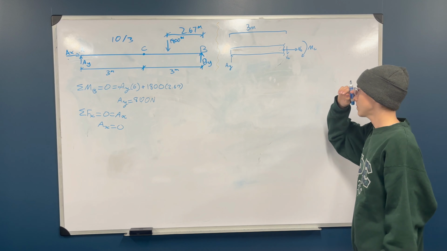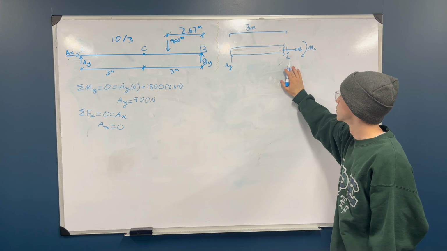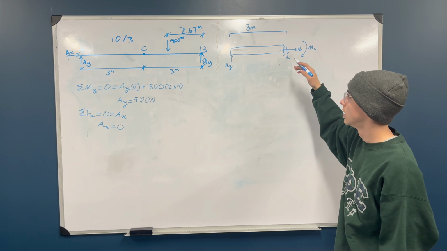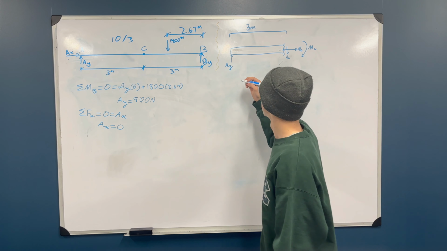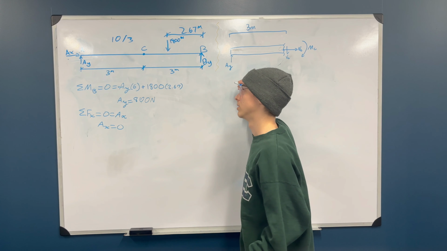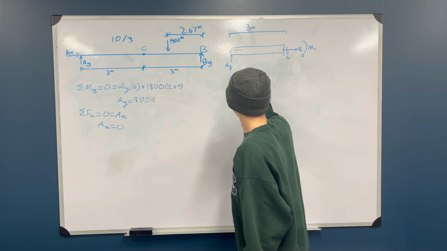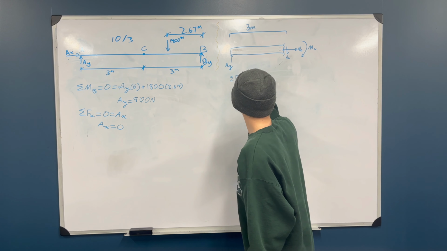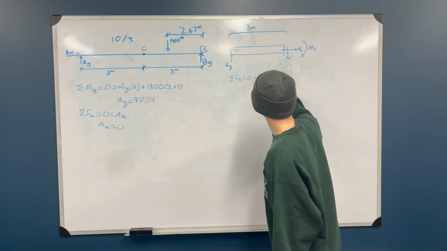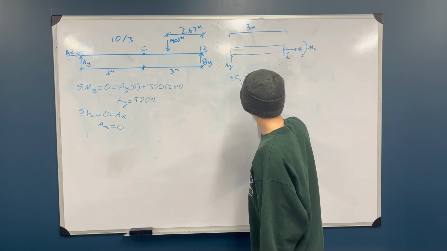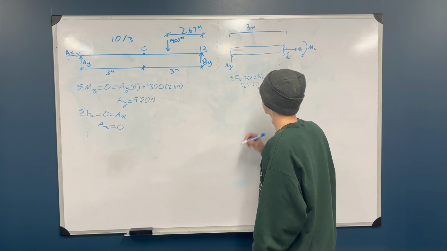To find the internal forces, this one is pretty simple. The only force on it is AY. Being thorough, the sum of forces in x equals 0, and the only thing here is the normal force at C. So the normal force at C is equal to 0.